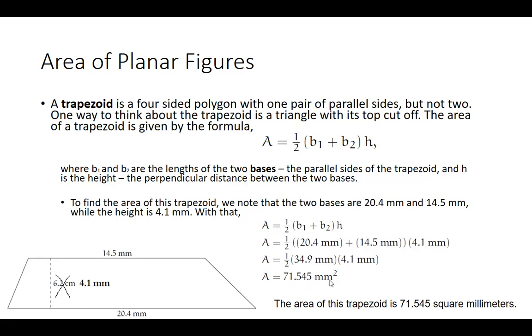Millimeters times millimeters is square millimeters. So the area of this trapezoid is 71.545 square millimeters. Again, very sorry for not catching that before I started the slide.